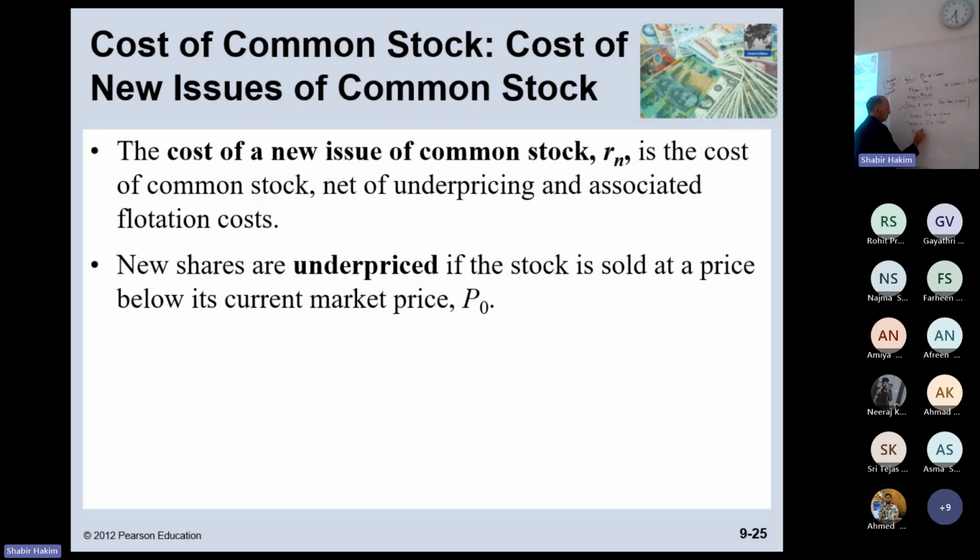It's very simple, there's no rocket science in it. The price is 9 point something. The new number of shares is going to be 10 plus 1 is 11,000, so it's going to be 9 point something.